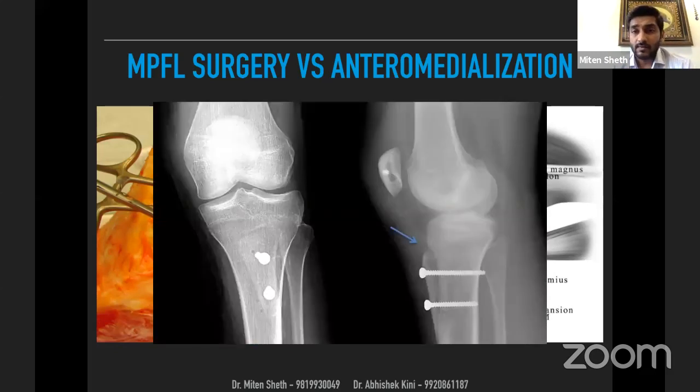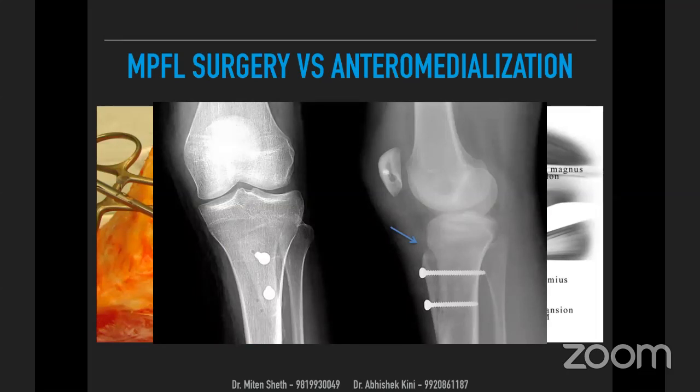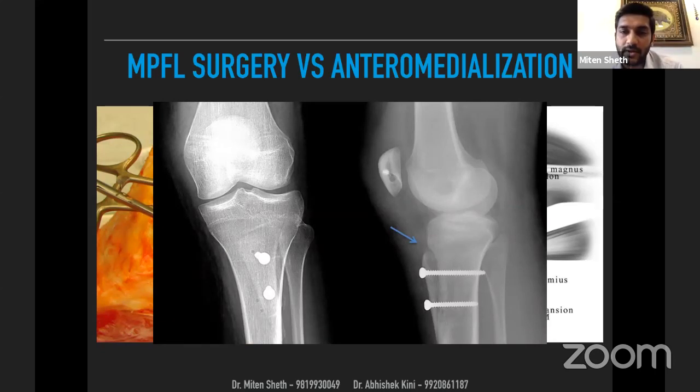For the one patient that I spoke about, we do something called an AMZ. That's anteromedialization, first described and brought into popular culture by Fulkerson, where we take a sliver of tibial tuberosity that we bring forward. That creates something we call a Maquet effect. It reduces the patellofemoral overload.